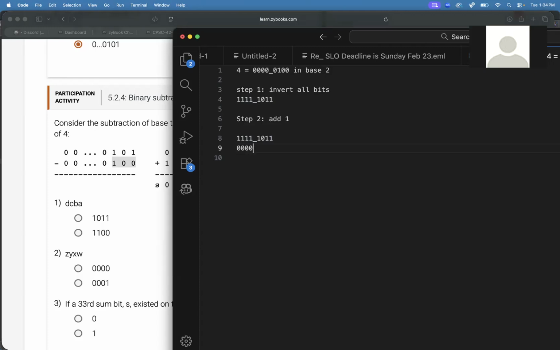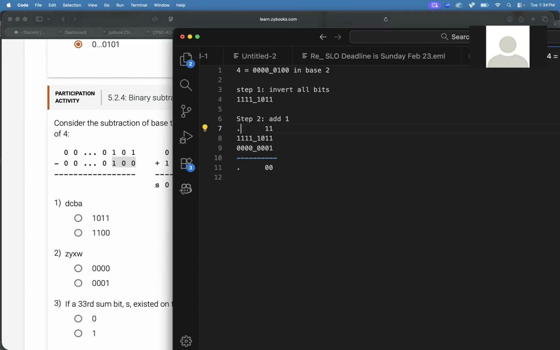Add 1, and we'll see what we get. So you get 1 plus 1, this is annoying to do, is 0, carry the 1. Then you have 1 plus 1 is 2, which is 0, carry the 1.